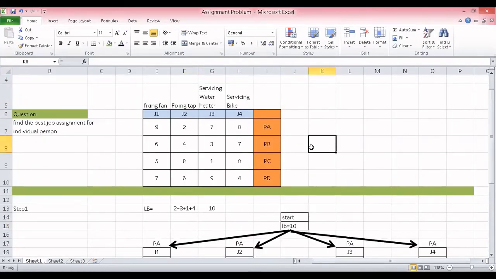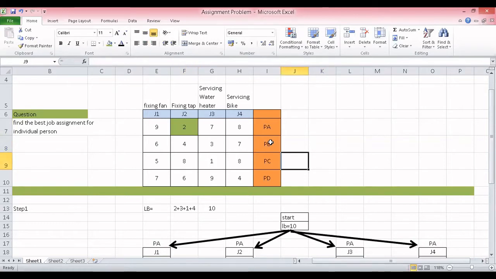Now, how to calculate the lower bound for this particular problem? This is the problem given. First, you have to check what is the least cost demanded by person A. I will be highlighting one by one in color. It is the minimum cost out of all the jobs, job 1, job 2, job 3, job 4. Person A is demanding the lowest cost for job 2, so I'll highlight that with a green color.